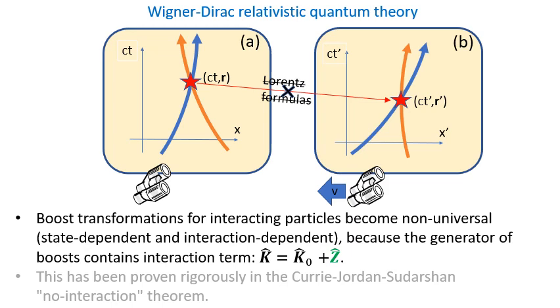The exact transformation now depends on the strength of interaction, on the state of the particles, and other details. One can trace the source of this discrepancy to the presence of the potential boost interaction term Z. This result has been known in the literature since 1963 under the name of Currie-Jordan-Sudarshan no interaction theorem.